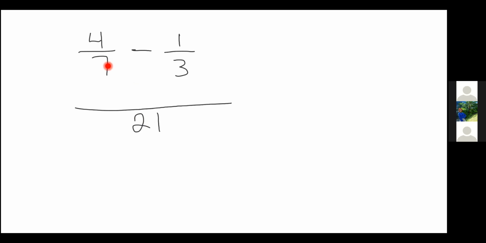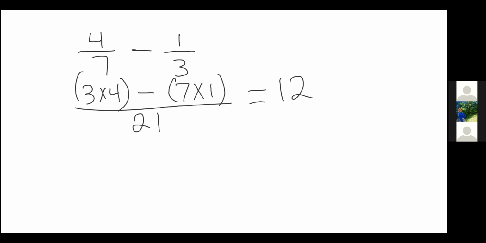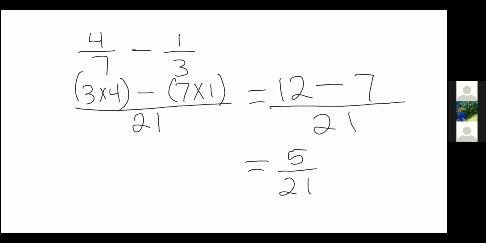So 21 divided by 7 is 3. And this is going to be 3 by 4. Subtract. How many times can 3 go into 21? That's 7. 7 by 1. So that's going to be 12. We put back the subtraction sign. 12 minus 7 by 1 is 7 over 21. So that's going to be 5 over 21.